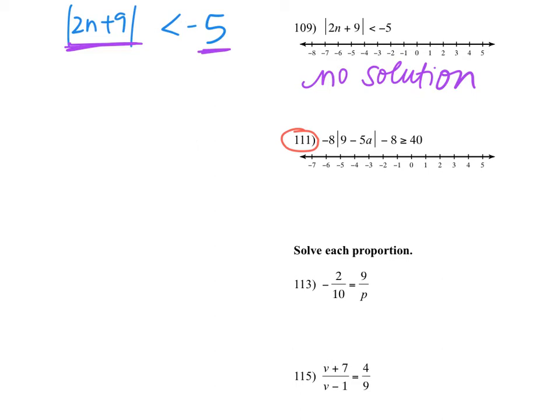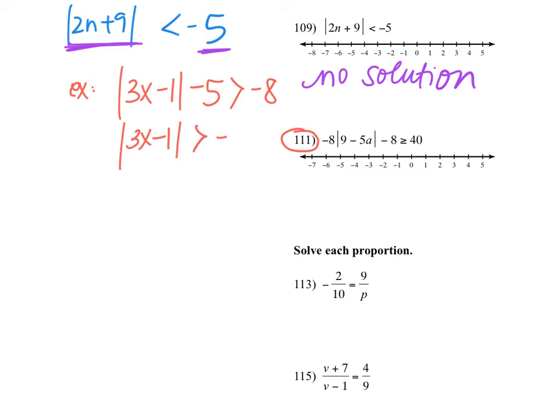So let's say, for example, before I do 111, an example would be |3x - 1| - 5 > -8. Even if I add 5 to both sides, I would still have |3x - 1| > -3.